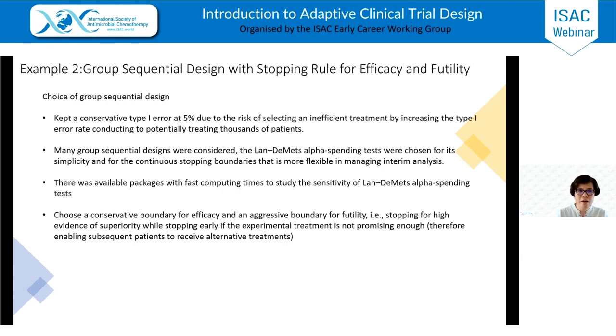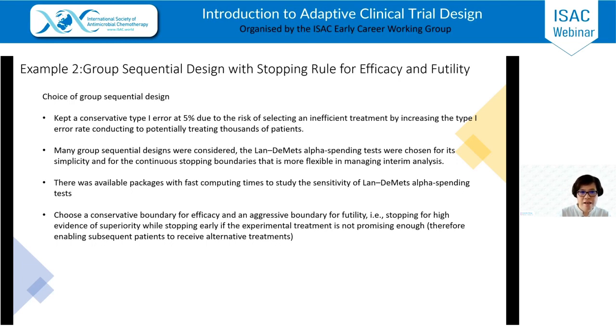At the end, this is a group sequential design, and they also kept 5% as the type 1 error. They wanted to do about 6 interim analyses, because they really wanted a quick decision. And they kept this 5% type 1 error.